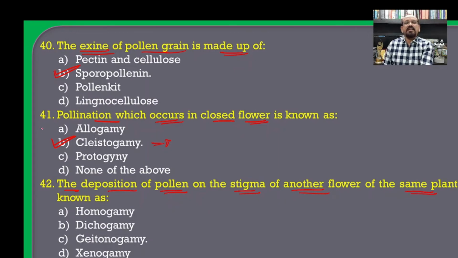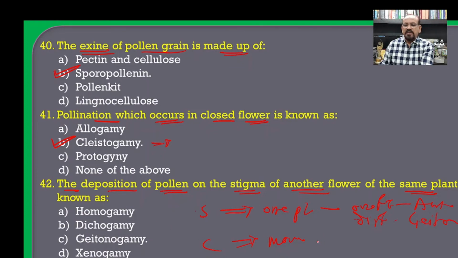If you see the different types of pollination, there is self-pollination and cross-pollination. In self-pollination there is involvement of one plant, and in cross-pollination there is involvement of more than one plant. If one flower is involved, it is known as autogamy, and when different flowers are involved, it is known as geitonogamy.